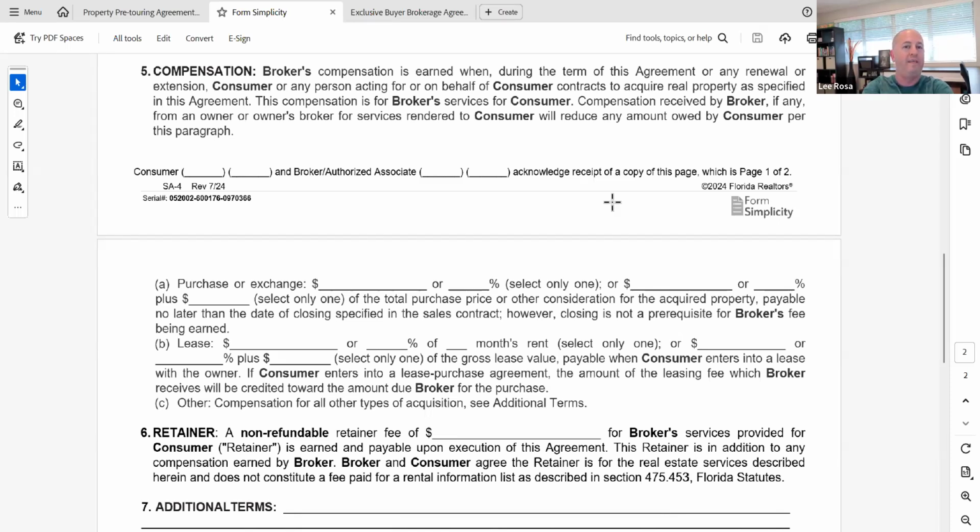And when you do that in an impactful, professional, tactical way, when you get to number 5, it should be a natural progression because you explained how we work, what we're going to do, which is what the consumer obligations, service providers, fair housing, that we may work with other buyers.